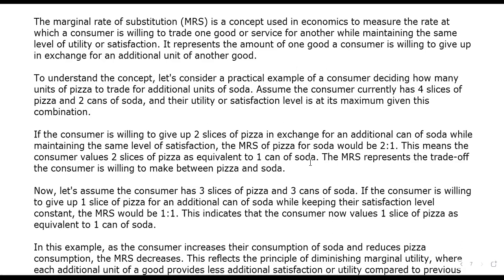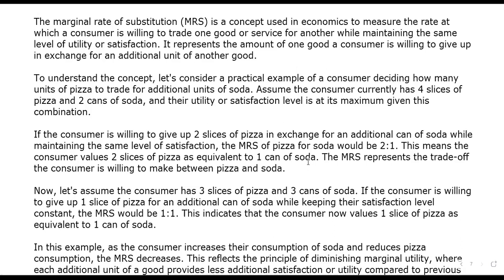So suppose we assume 3 slices of pizza and 3 cans of soda. So in this case, you're giving up 1 slice of pizza for 1 additional can of soda. So here it means the marginal rate of substitution is 1 to 1.